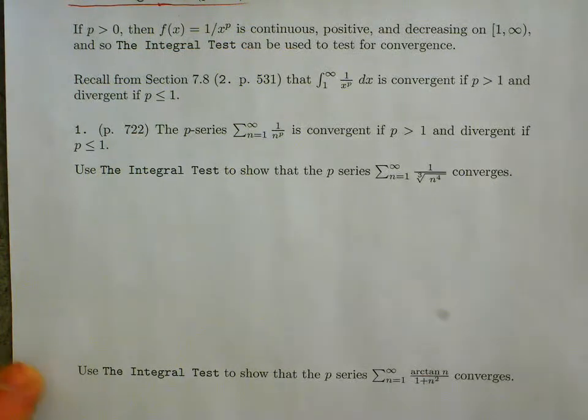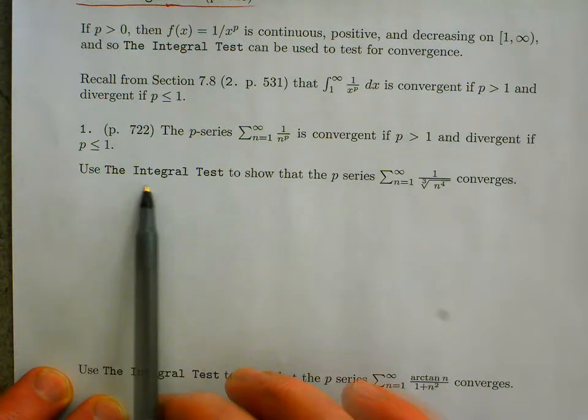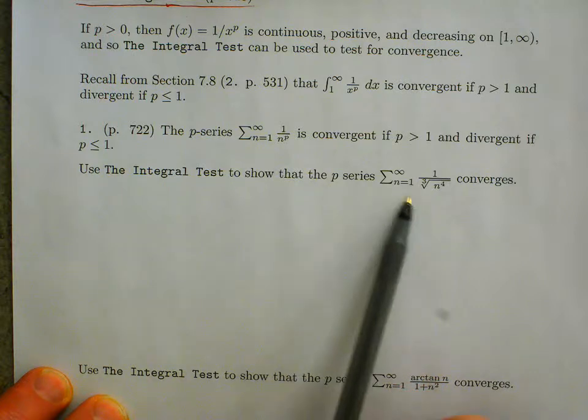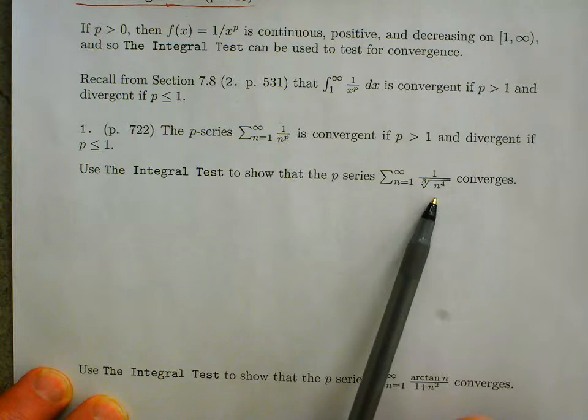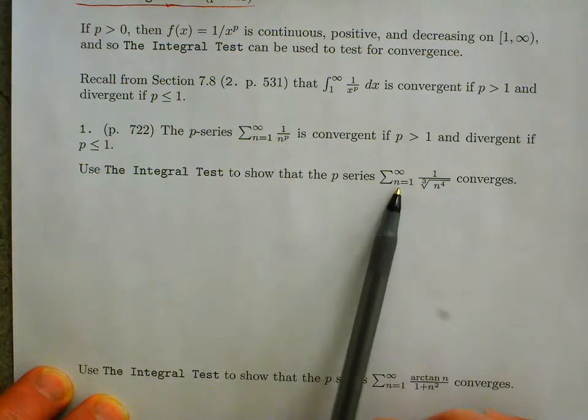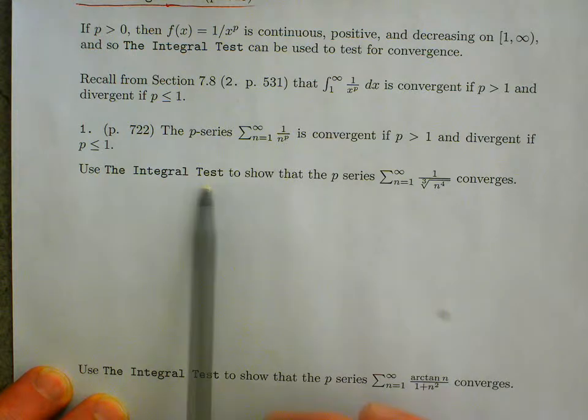Okay, so on this first example of using the integral test, we're going to show that the p-series of 1 over the cube root of n to the 4th as n ranges from 1 to infinity converges by using the integral test.